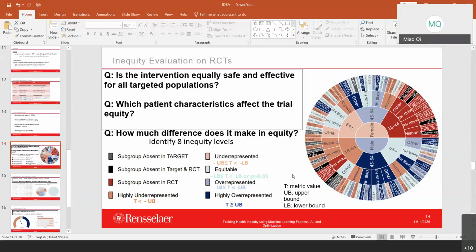So currently our metrics just show you the different inequity levels here. We didn't consider the inclusion exclusion criteria, such as intentionally recruiting more non-Hispanic Blacks or Hispanic people. Yeah, but I think it would be a simple conditioning that you need to introduce into your model. You need to be able to condition it based on the inclusion exclusion criteria. Yeah, actually that's our next step. Okay. We currently just show you the equity measures. Okay, sounds good, Miao. Thank you.